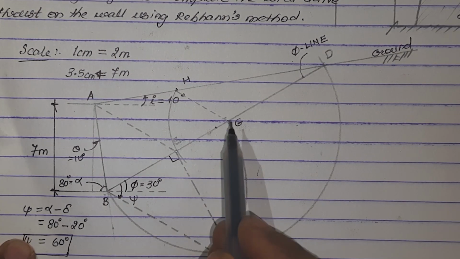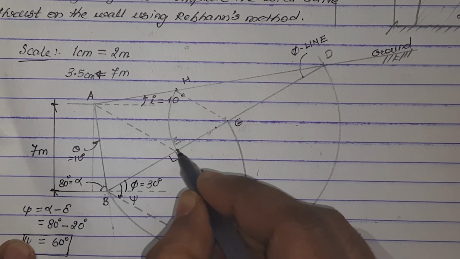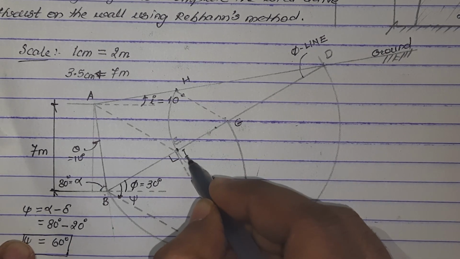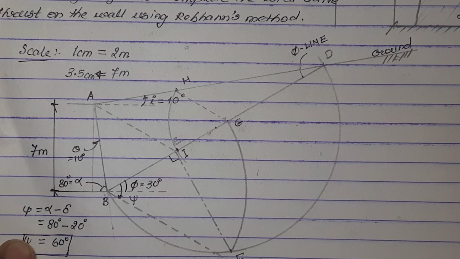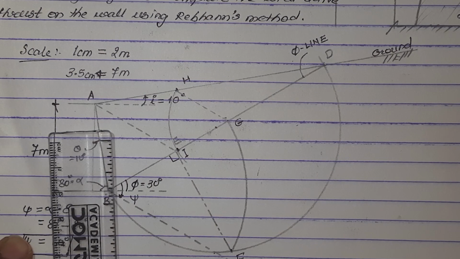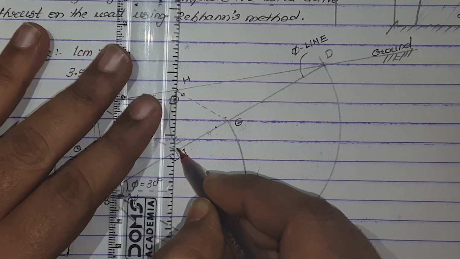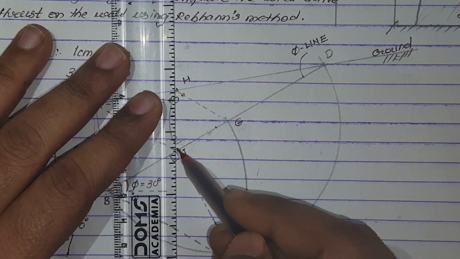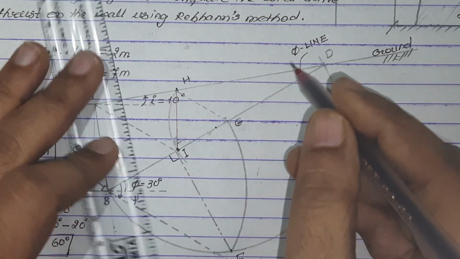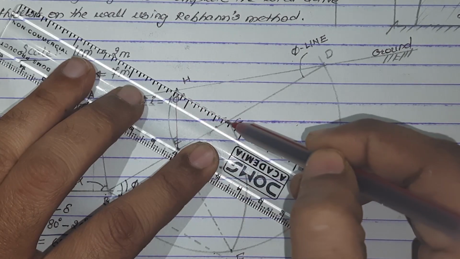Thus, here we can observe when GH is taken as radius and this arc has been drawn, it has intersected this phi line at point I. Immediately join point I and H. Thereafter, complete this triangle.